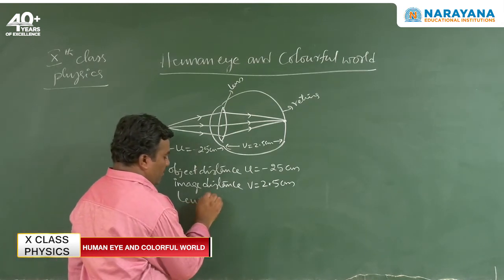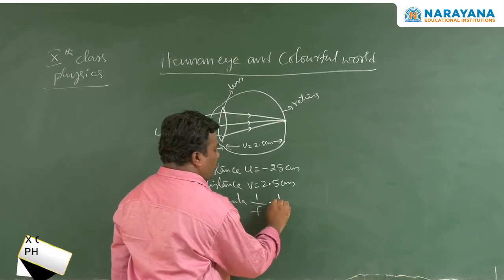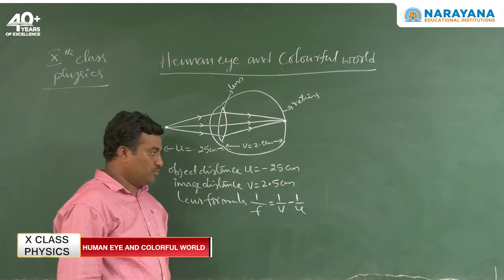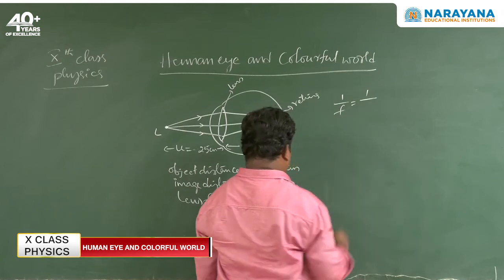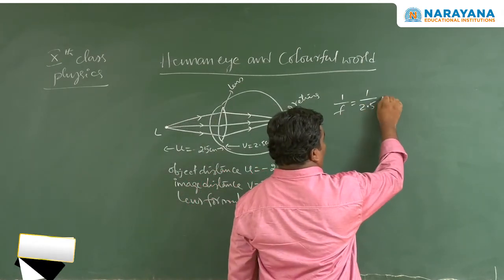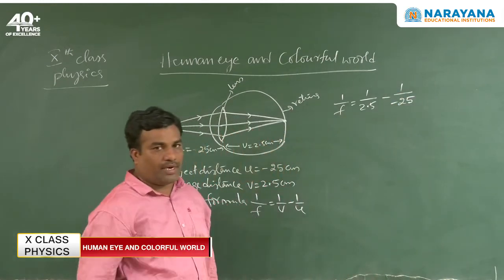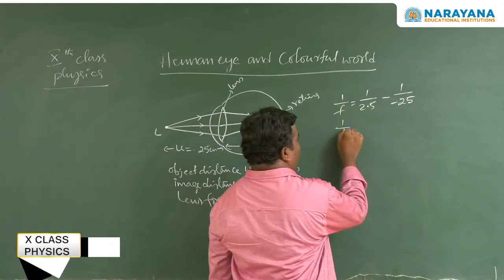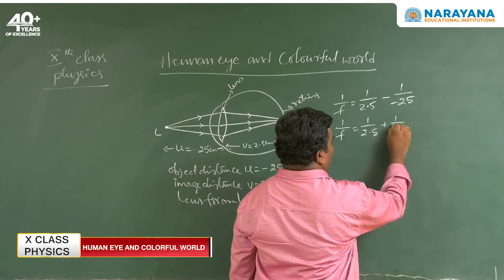So the lens formula: 1 by f equal to 1 by v minus 1 by u. Now substitute the values: 1 by f equal to 1 by 2.5 minus 1 by minus 25. This is the object distance, this is the image distance. So 1 by f is equal to 1 by 2.5 plus 1 by 25.